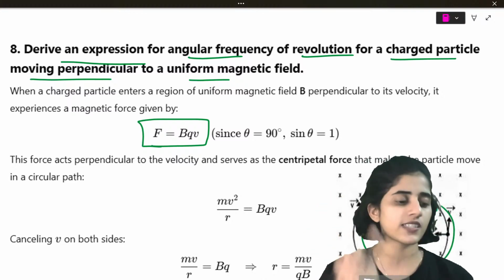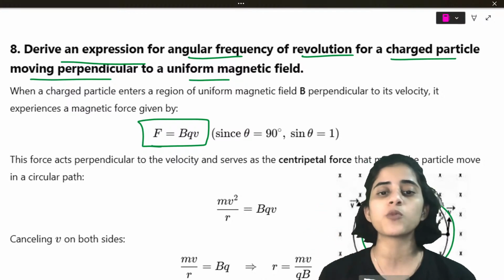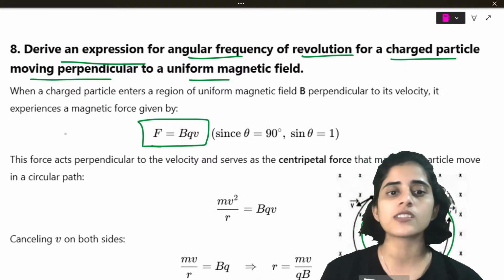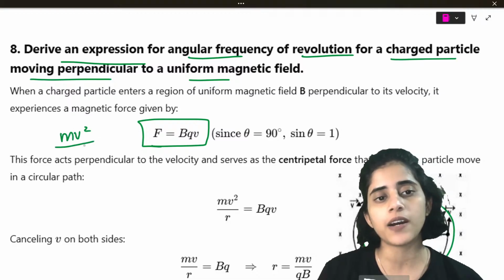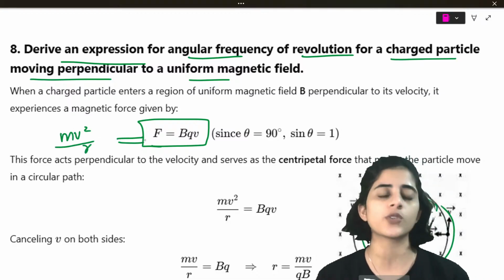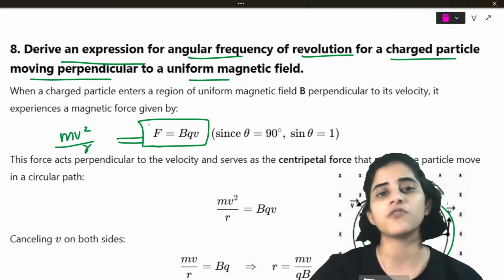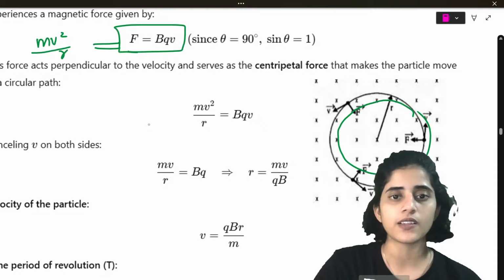Now it says that it moves in a circular path. When something moves in a circular path, it always moves by centripetal force, which is mv squared by r. So mv squared by r will be equal to F, which is equal to BQV.